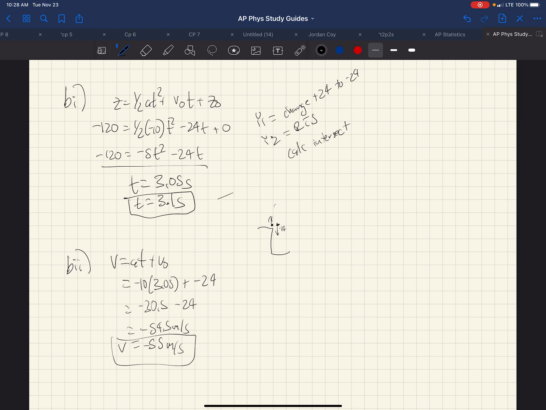That also tells us this is the time for the first rock to hit the ground after it's returned to the same height.